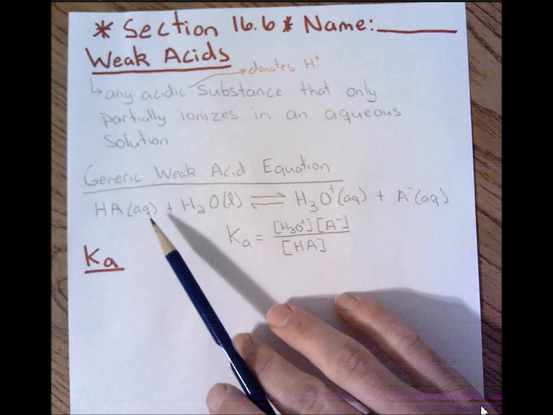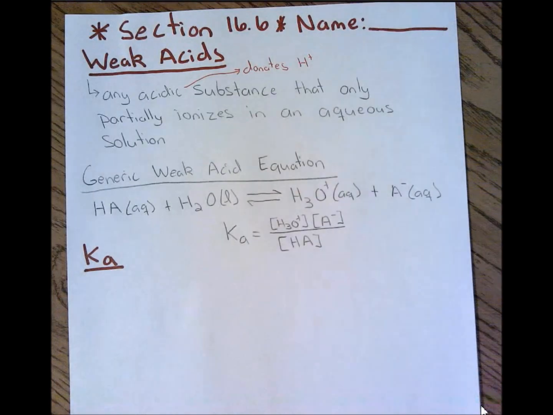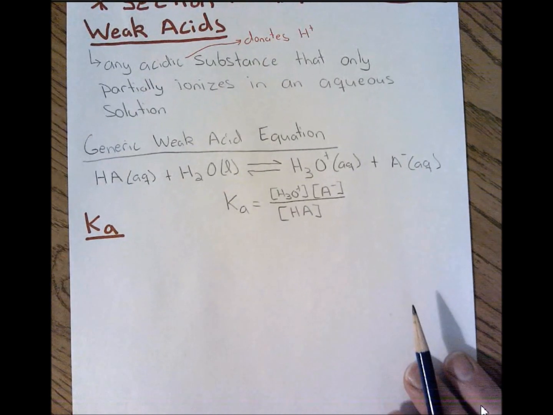Now, what is Ka? Ka is known as the acid dissociation constant. Let me pause and write that down.